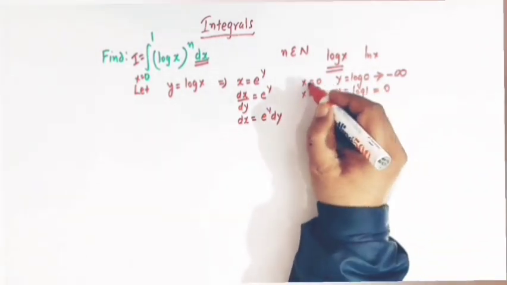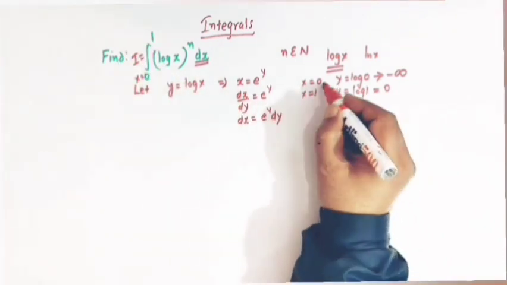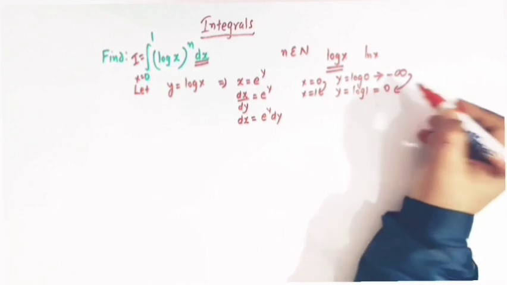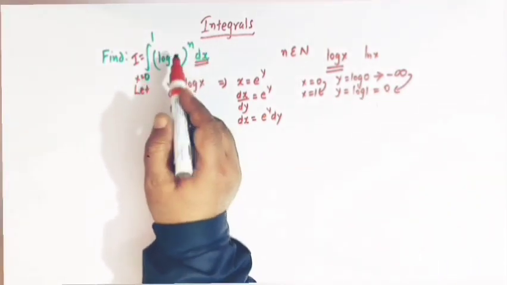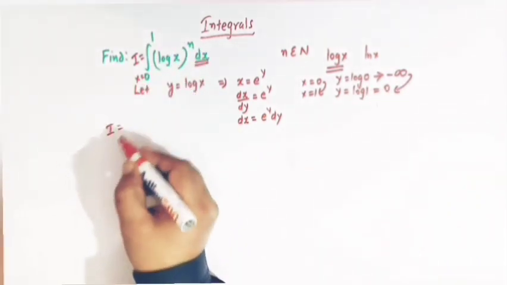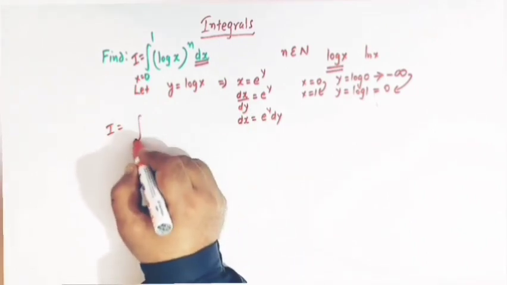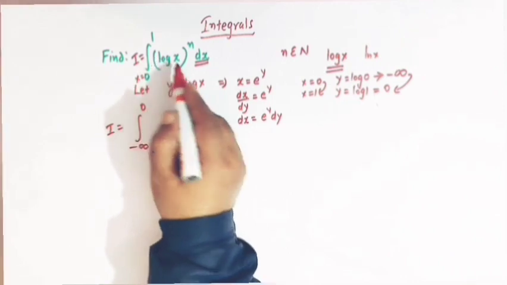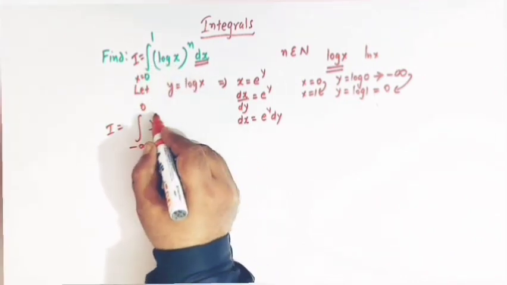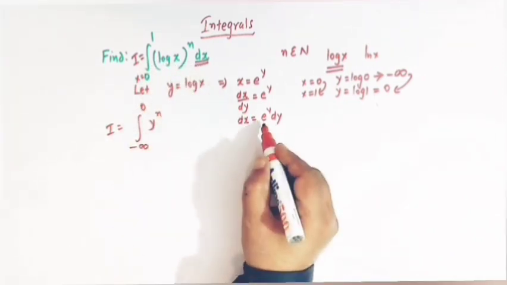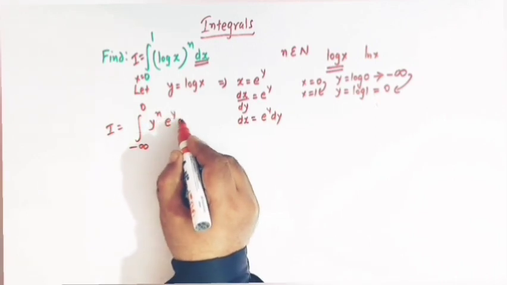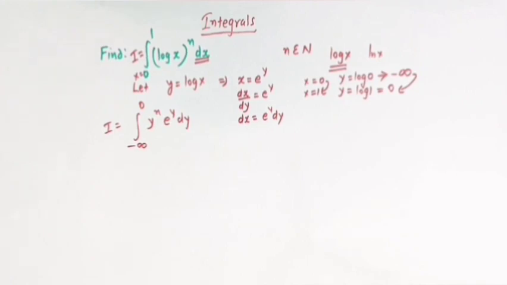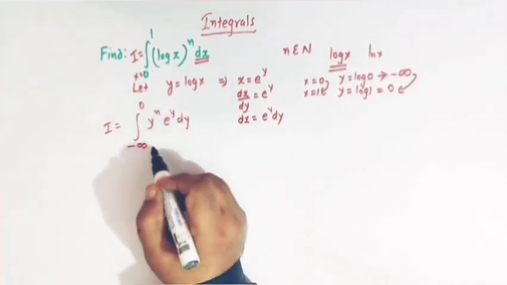So when x goes from 0 to 1, then y goes from minus infinity to 0. So now we can write this integral I in terms of y as the integral from minus infinity to 0, where log x is replaced by y, so we have y raised to n, and dx is e raised to y dy.